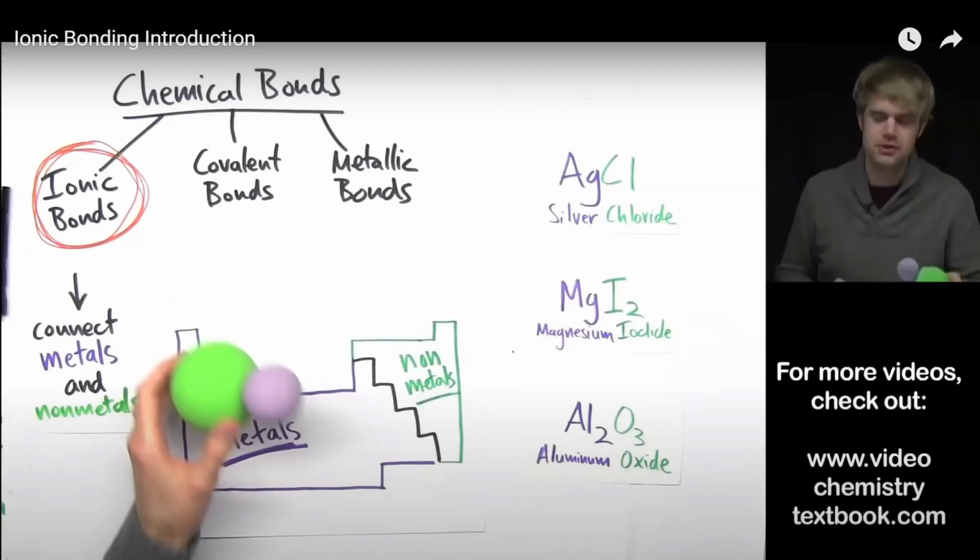I would like you to think, what is holding the silver to the chloride, what kind of force would be holding them together? Think about different kinds of forces that you know.